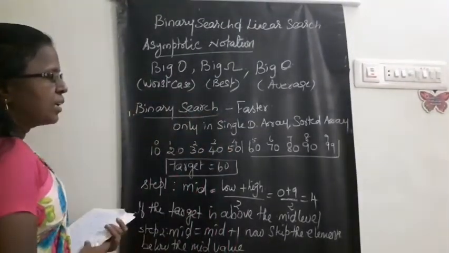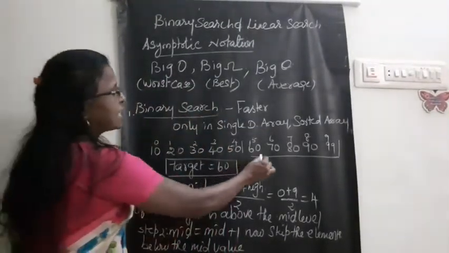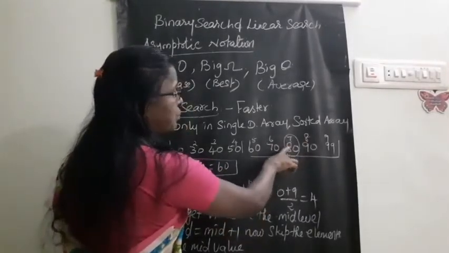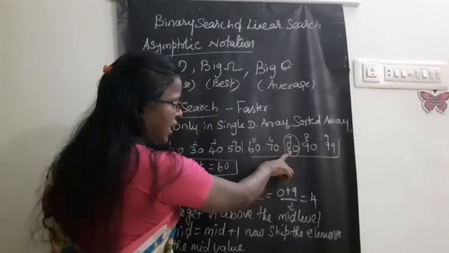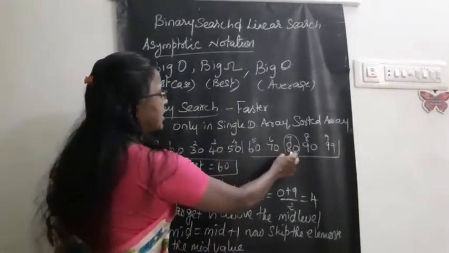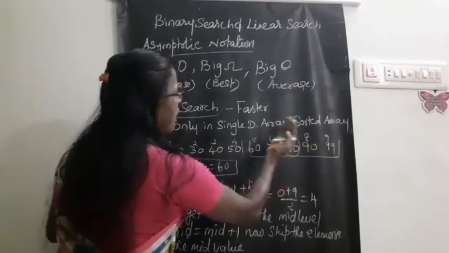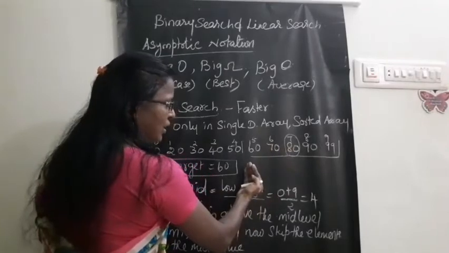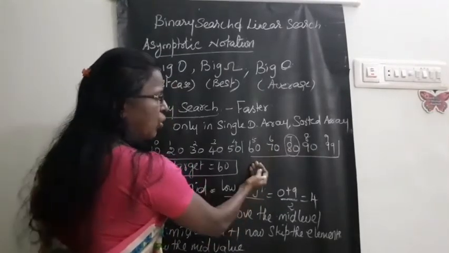The 7th position holds the value 80. Now find whether the target is above or below this value. The target is below.